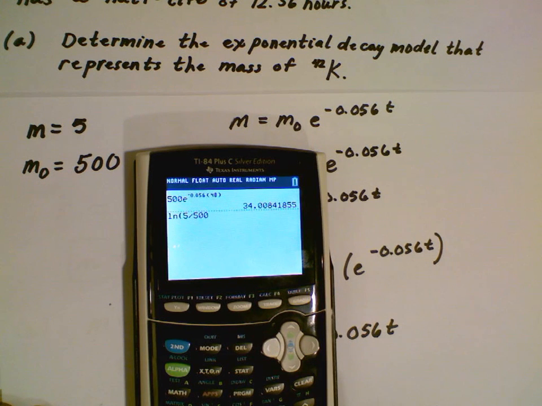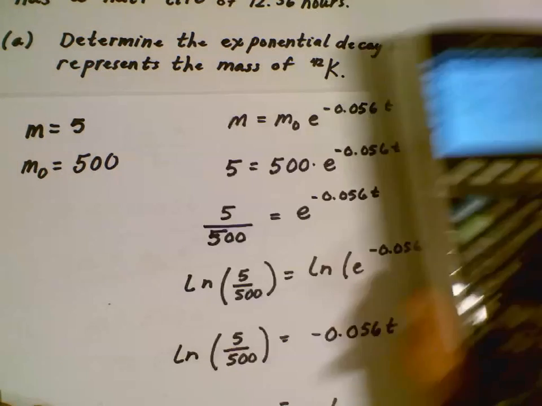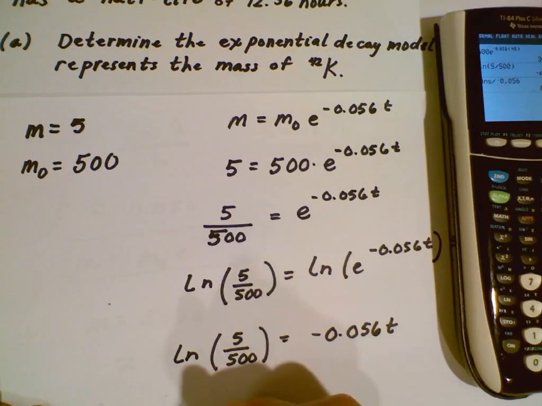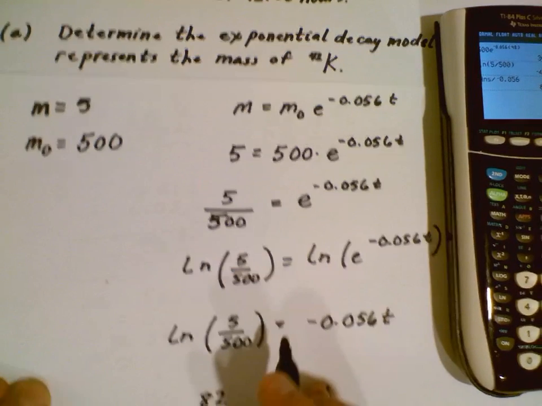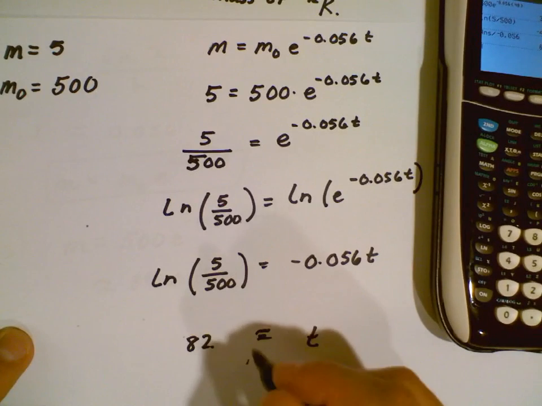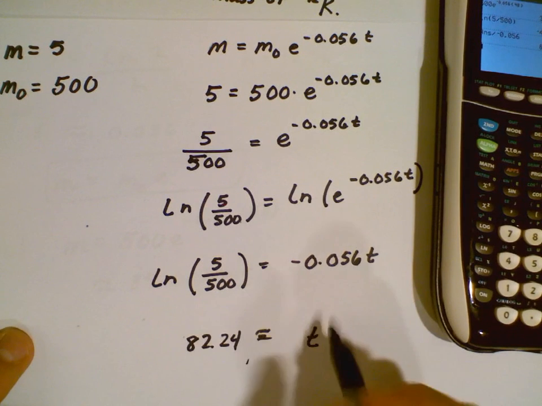That's okay. Then we divide that, a negative divided by negative 0.056, to get to t. It looks like approximately 82.24 is going to be t.